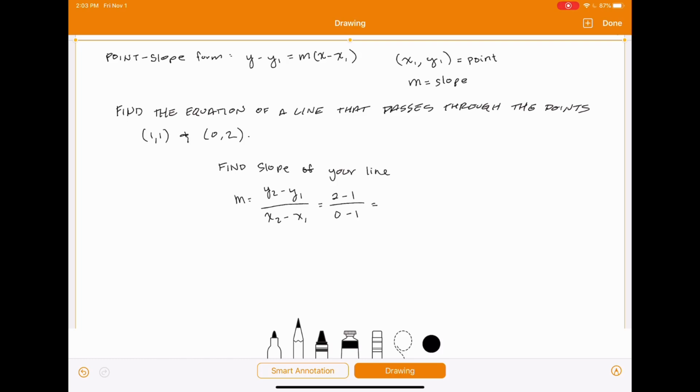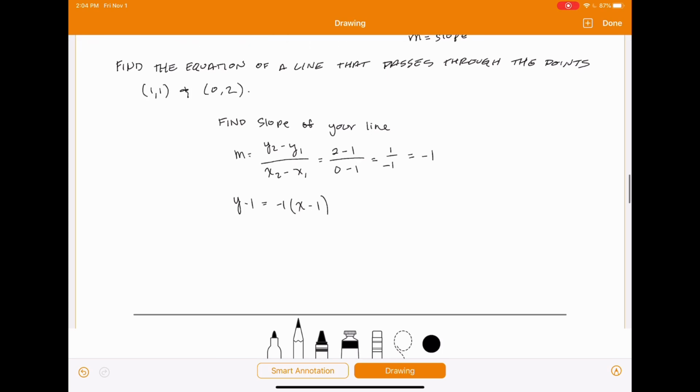So it's going to be 1 over negative 1. So our slope is going to be negative 1. All right, and now we can choose either point to plug into this equation up here, and we'll get the same answer either way. So I'm just going to use that first point. So y minus 1 equals negative 1 times (x minus 1).